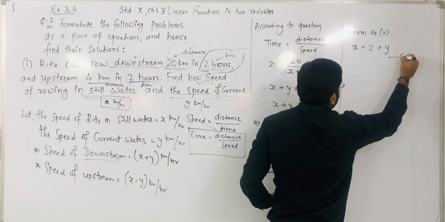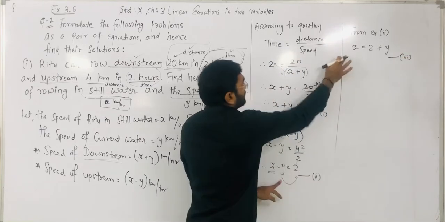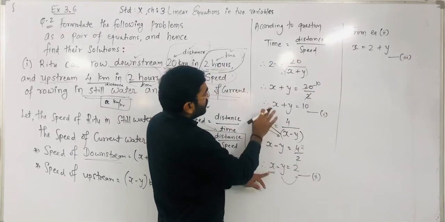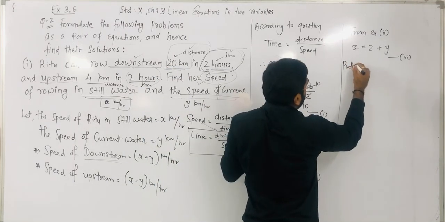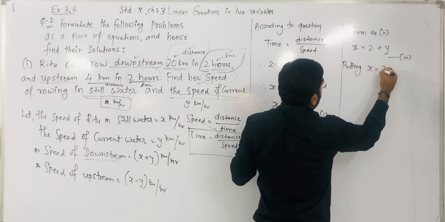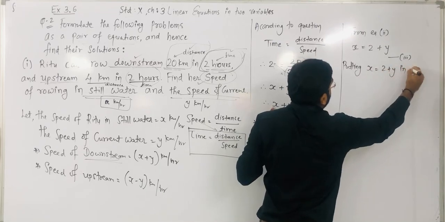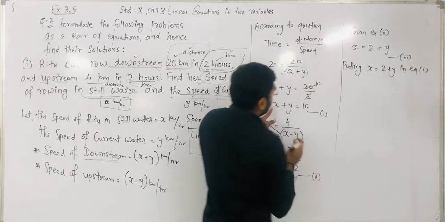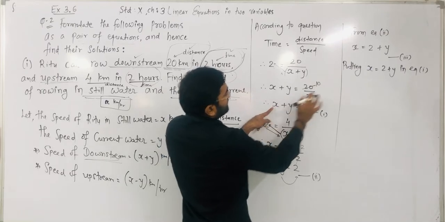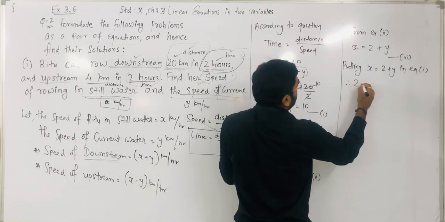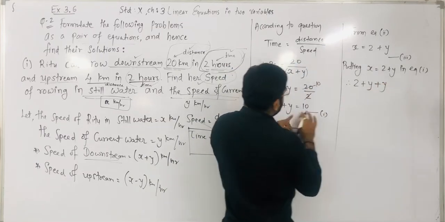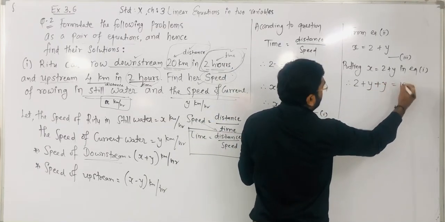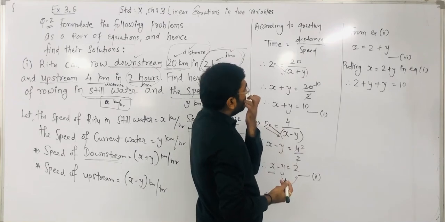This is our third equation, and we put this value in equation number 1. Putting x is equal to 2 plus y in equation number 1, we get 2 plus y plus y is equal to 10. Now we find the y value.